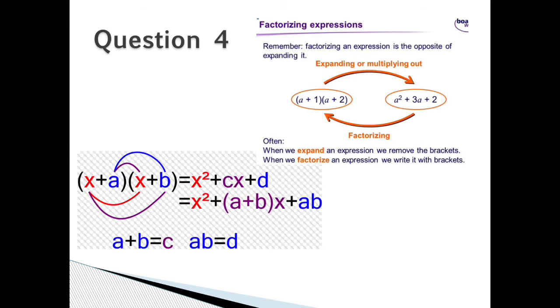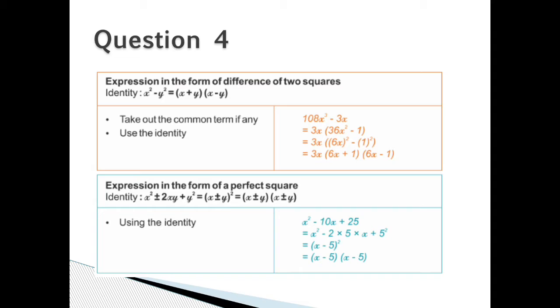If you have an expression in the form of a difference of two squares, for example, x squared minus y squared, it will equal (x plus y)(x minus y). You need to take out the common term, if any, and then use the identity.